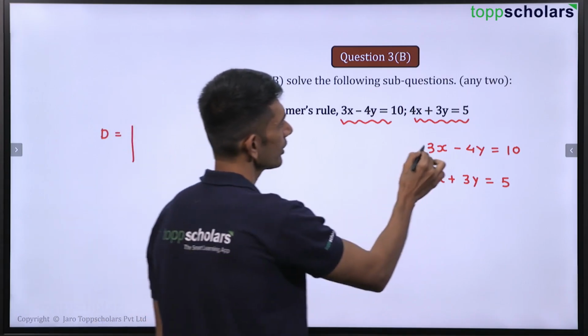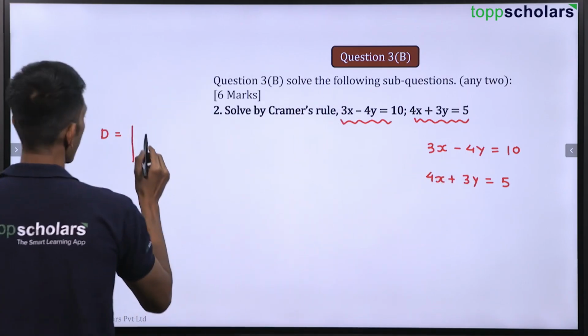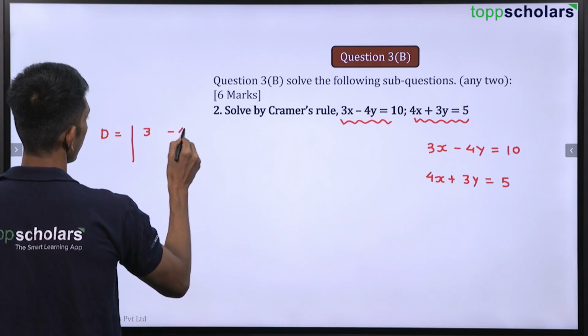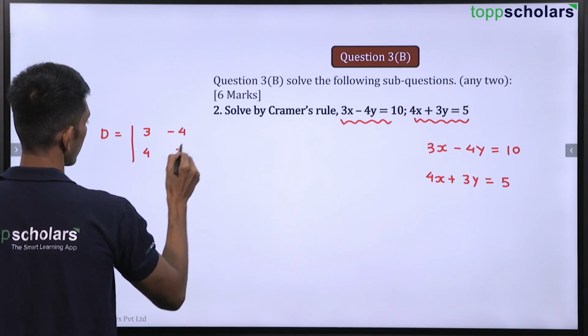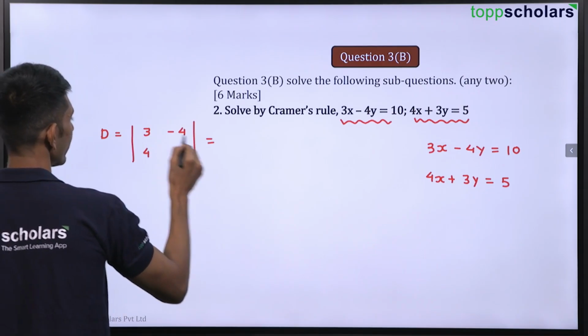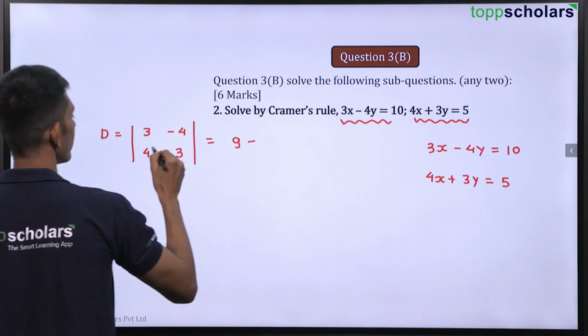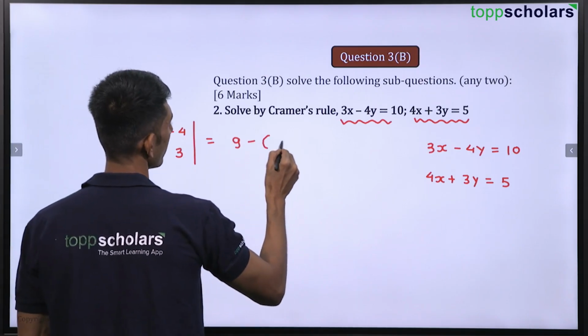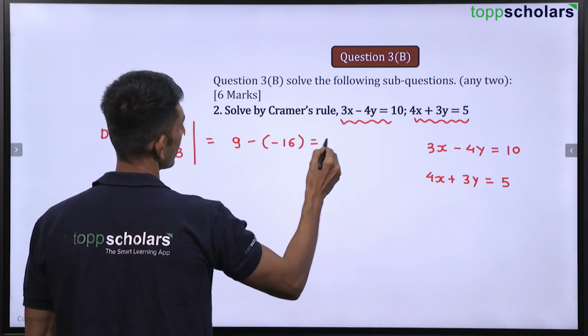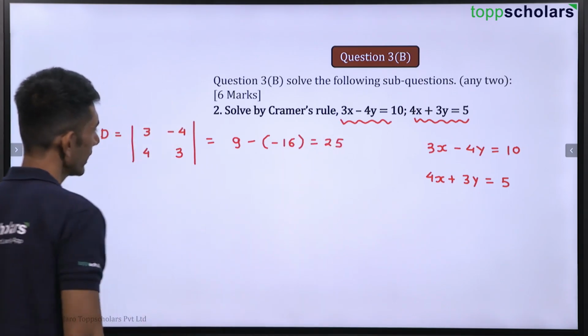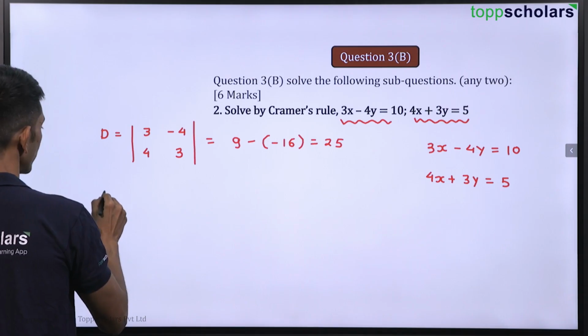D is 3 minus 4, 4, 3. So that gives you 3 3s are 9 minus 4 into minus 4, minus 16. That is 25. Correct? That gives you D. Then what is Dx?